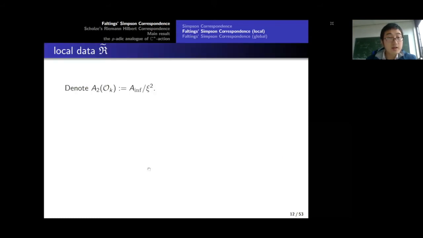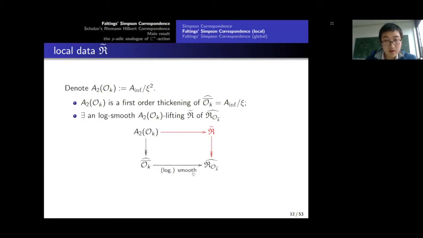Firstly, for this data R tilde, we denote A_2(O_K) defined to be A_inf modulo ξ^2. And of course, this A_2(O_K) is a first order thickening of O_K bar hat. So by the smoothness of this R, we can get an A_2(O_K) lifting R tilde of this R_{O_K bar hat}. Okay, this is R tilde.